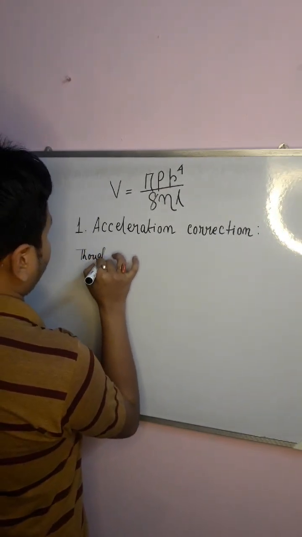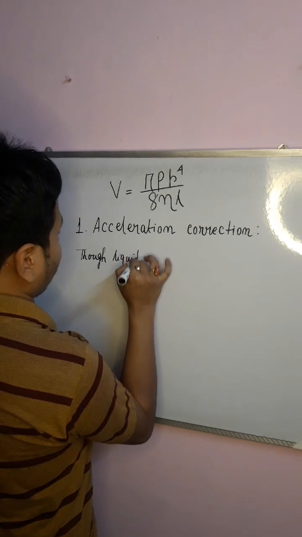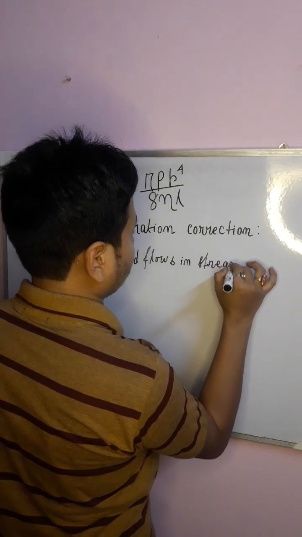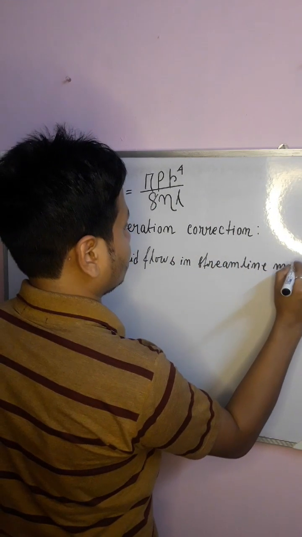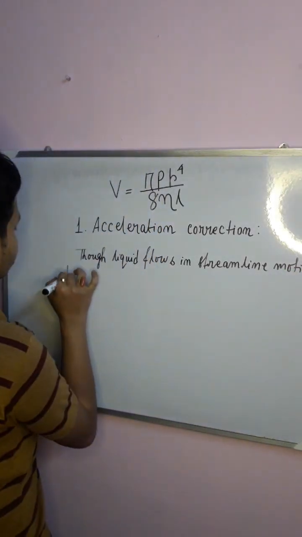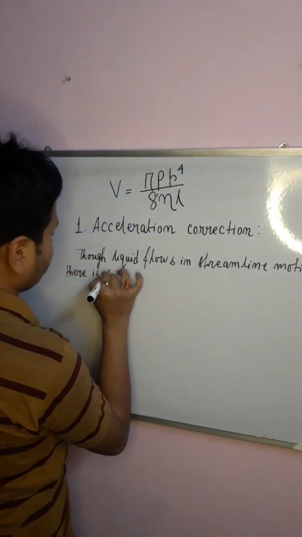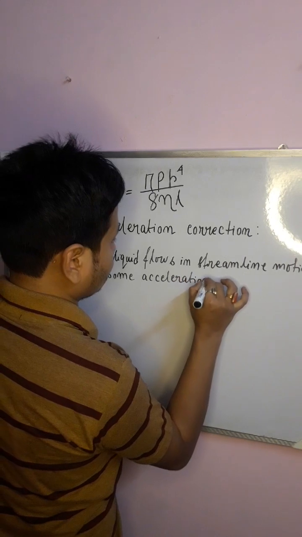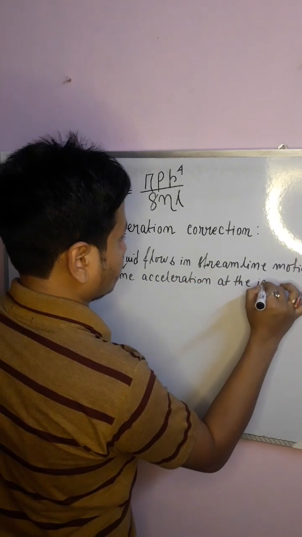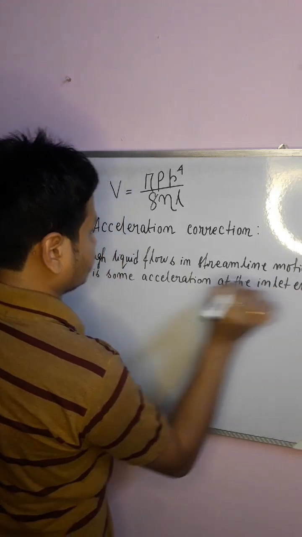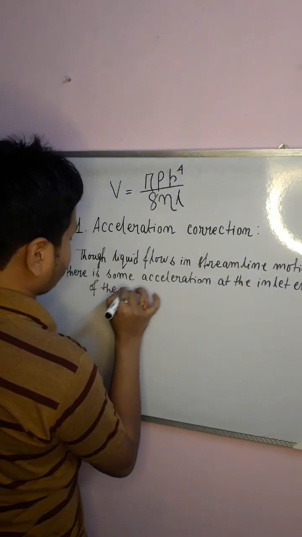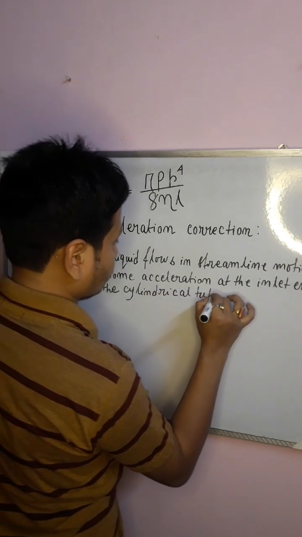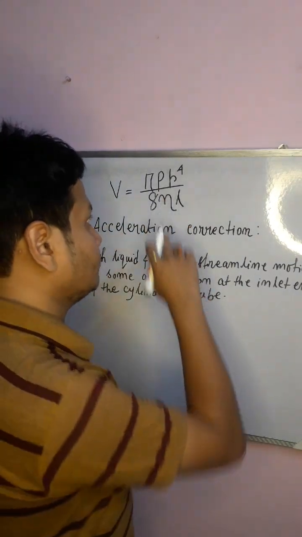Though liquid flows in streamline motion, there is some acceleration at the inlet end of the cylindrical tube. So surely it will impact the equation.